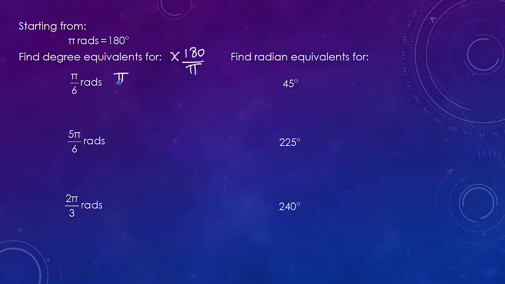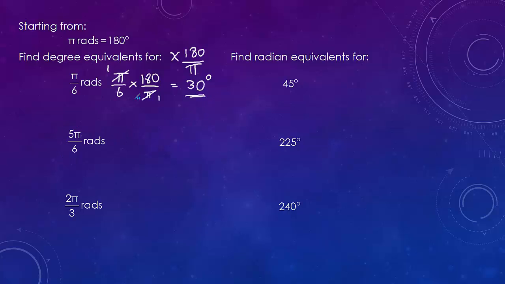So here we have pi by 6 multiplied by 180 divided by pi. So the pi's cancel. And then 180 divided by 6 means that we have 30 degrees.